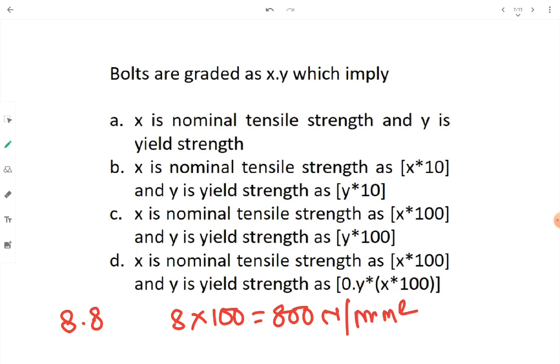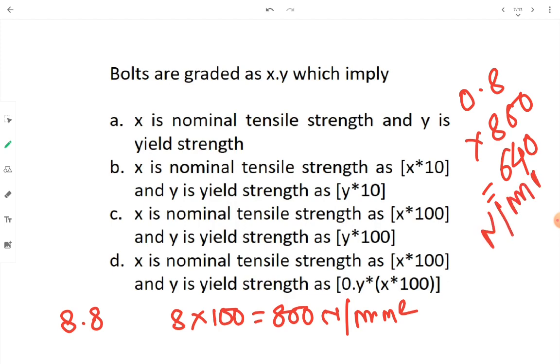Therefore the nominal strength is 800 Newton per mm square, and the second digit after the decimal point is taken as 0.Y, or 0.8, into the obtained nominal strength which is 800. It will be 640. Okay, it is going to be 640 because it is taken as 800 into 0.8. Okay, it will have its value as 640 Newton per mm square.